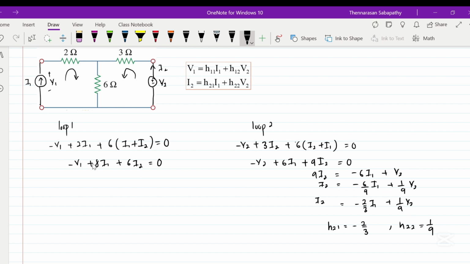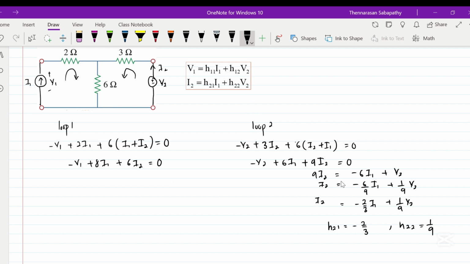Now we go back to loop 1. In loop 1, we have V1, we have I1, then we have I2, but I don't want I2 here. I want V2 and I1, correct?